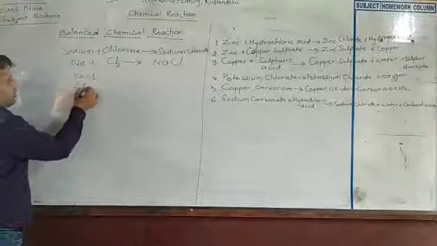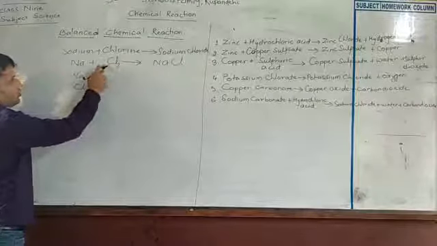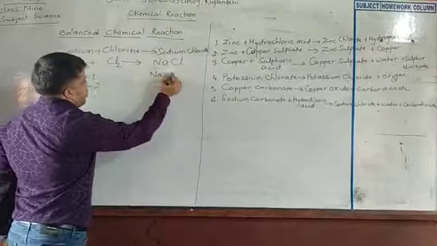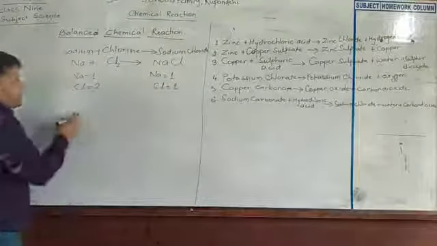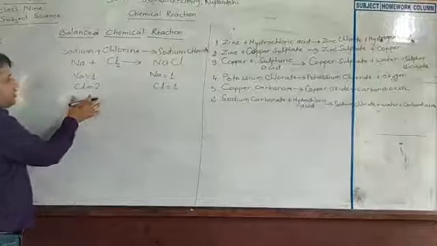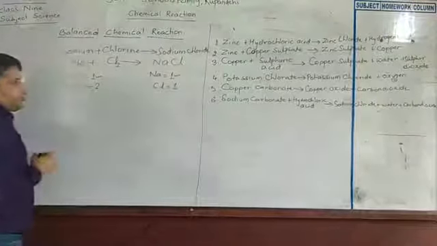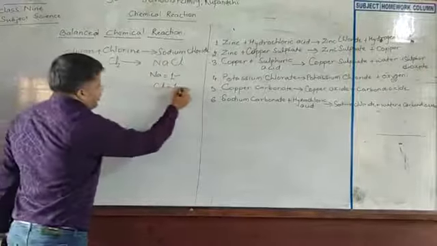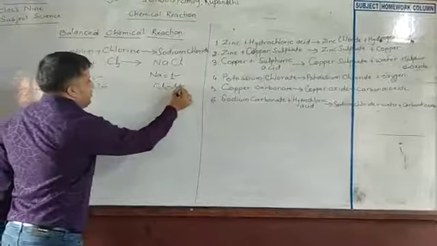Chlorine, Cl, how many atoms there? 2. And here sodium is 1, chlorine is 1. So in the reactant side the number of sodium is 1, and in the product side also 1. Chlorine is 2 here and chlorine is 1 there. That means here chlorine is not balanced.